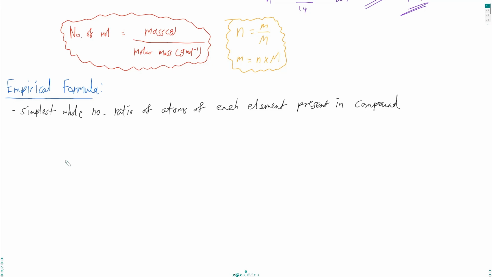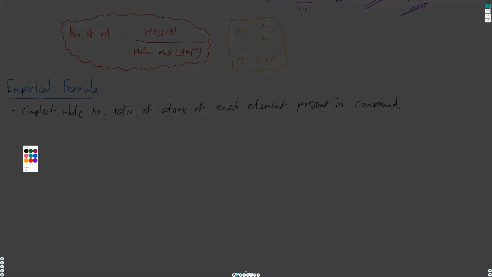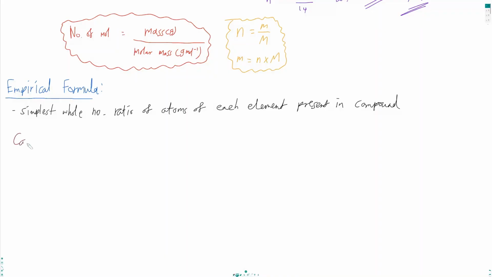So you can calculate empirical formula if you know the mass of each element in a sample of a compound. So you can calculate using the following steps. So how to calculate? So calculating empirical formula.